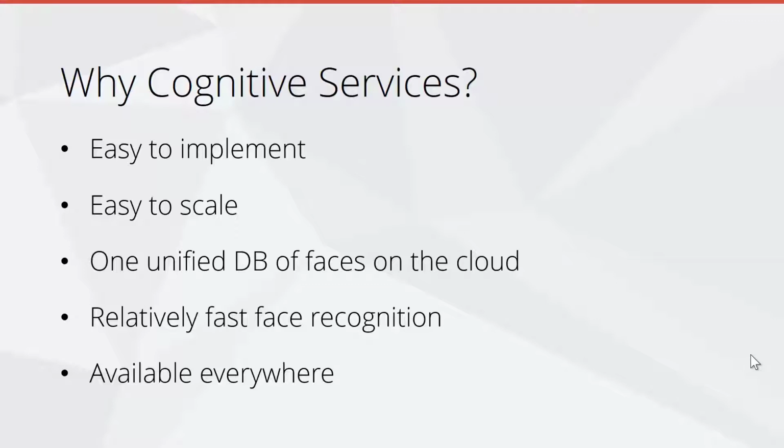Where's the internet? You can call it from Android, you can call it from iOS or desktop. It doesn't really matter, as long as it can capture an image and send it to the internet. They can call Cognitive Services, and they can get the identity back.